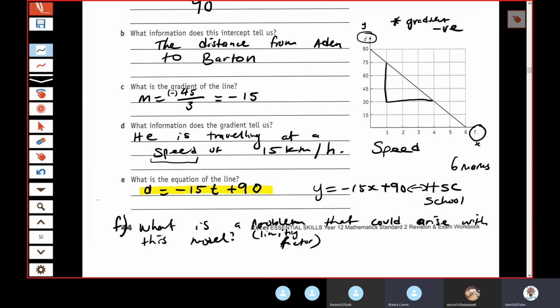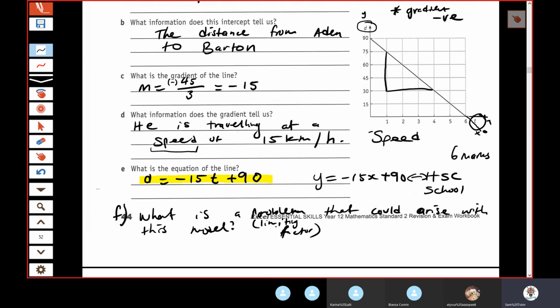So the limiting factor, or the problem with this model, is that it only works for time being up to 6. If time was 7, what's going to happen? It'll go below, which means you're going to have negative distance, and that's a big problem.